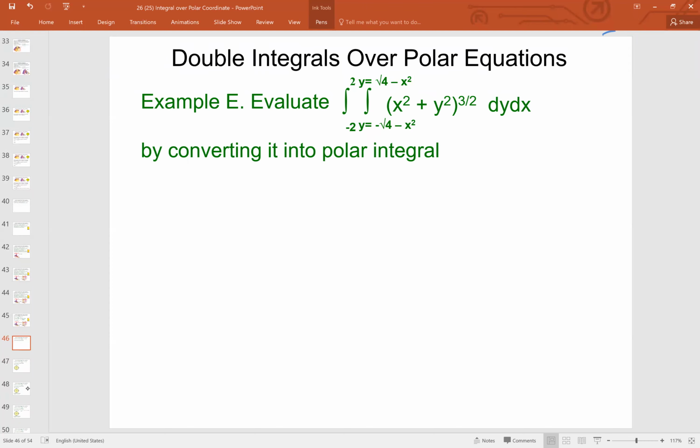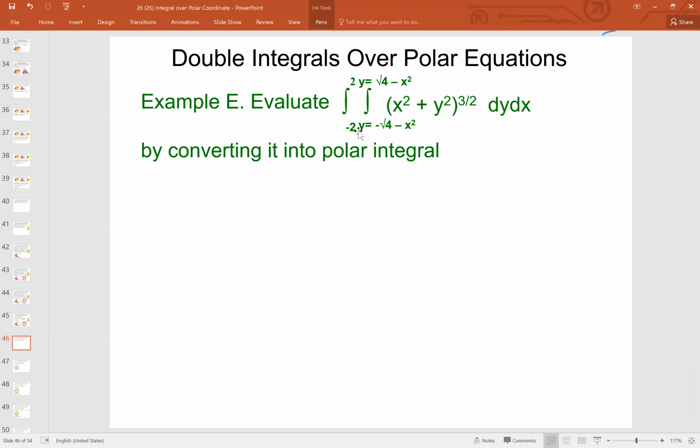Okay. Here is a problem where we translate a regular rectangular coordinate double integral using change of variables.